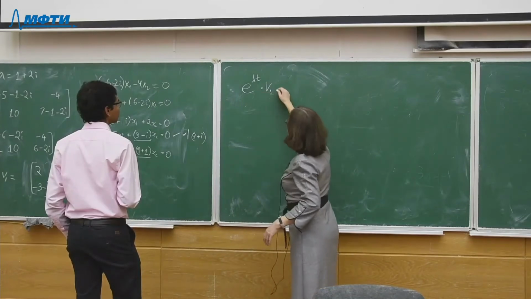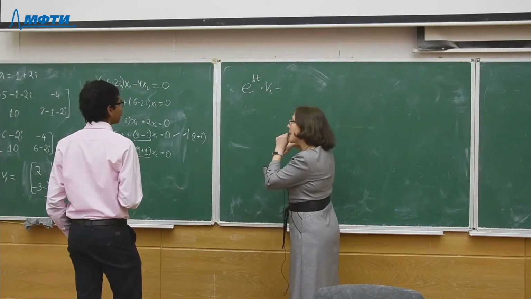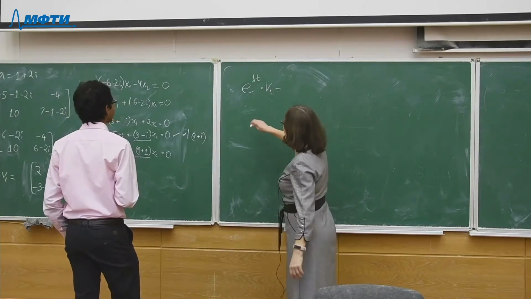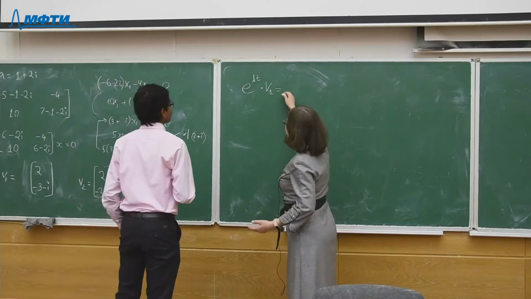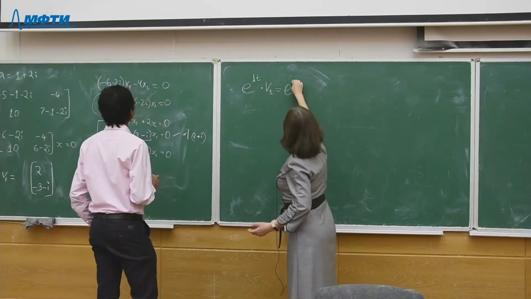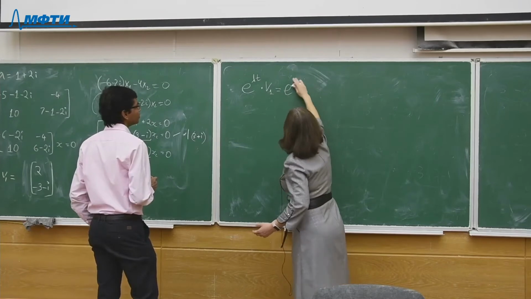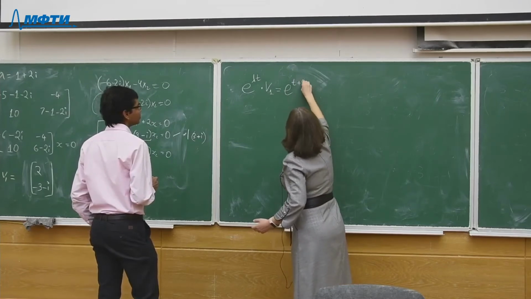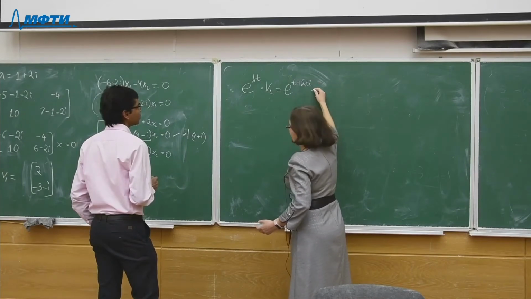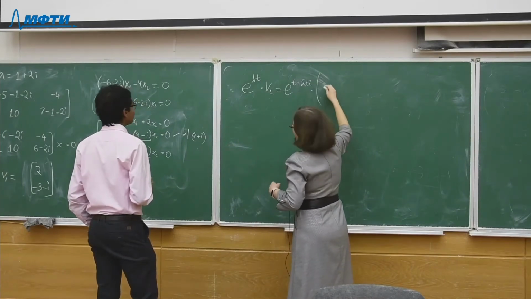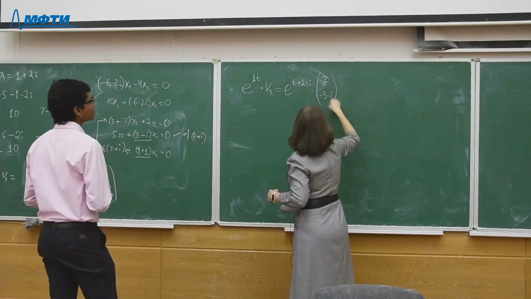So what is e to the power lambda t? We have to take lambda, so it is 1 plus 2i. Substitute, so e to the power (1 + 2i)t times the eigenvector (2, -3 - i).